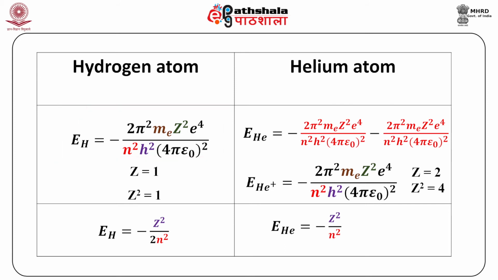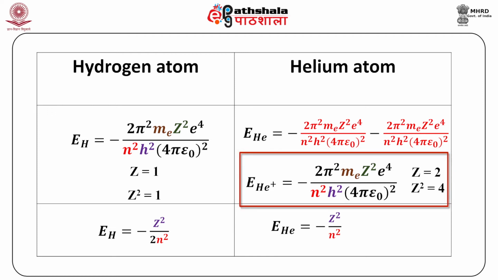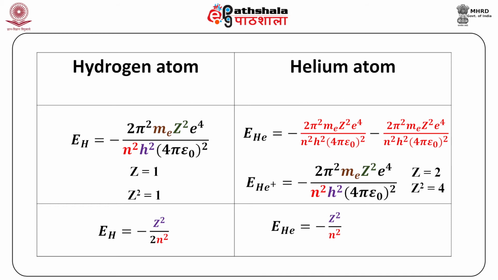Here Z is equal to 1 and therefore Z square would also be equal to 1. Whereas on the right hand side the expression is the same, and that is coming 2 times because the energy of the helium atom is equal to the sum of the energy of 2 helium ions. The expression is the same, but Z here is 2 because it is just like a helium ion, one electron being attracted to a nucleus of charge plus 2, and therefore Z square would be 4.